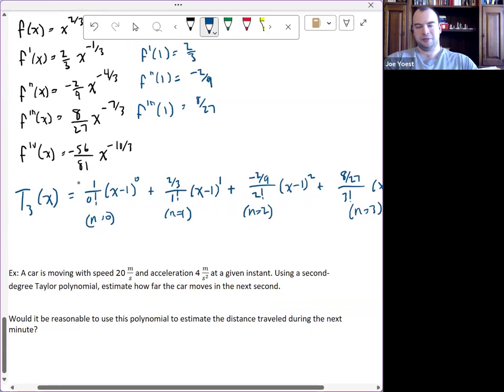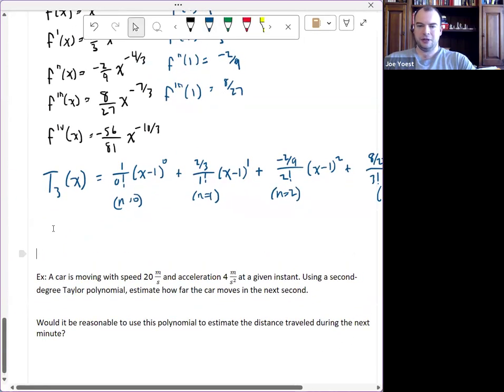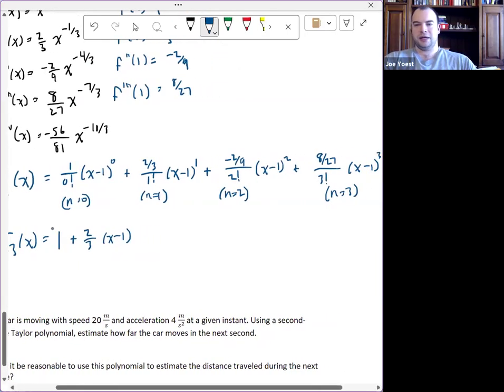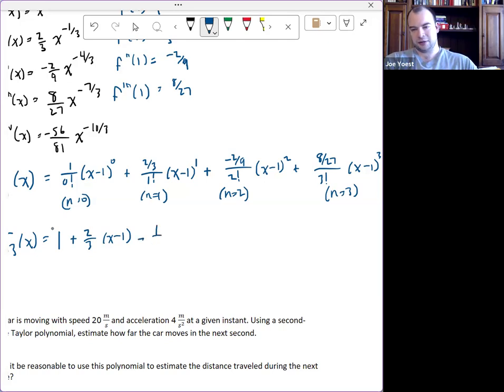Or if we clean this up a little bit, I can give myself a little more room here. X minus 1 to the 0 power is 1. 0 factorial is 1, so I just have 1 here for the first term. 1 factorial is 1, so I have 2/3 times x minus 1. And then I have minus 2 over 9, but divided by 2 factorial, which is just 2, so that's minus 1/9 times x minus 1 squared.